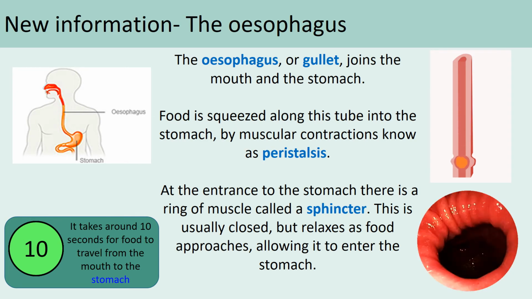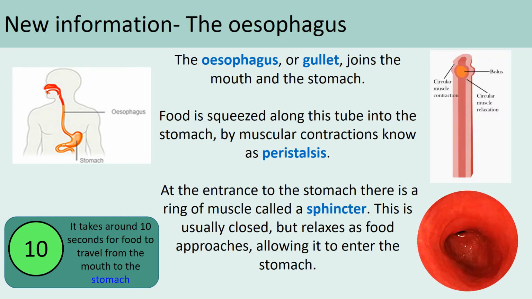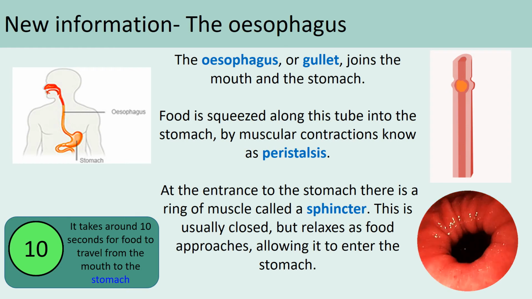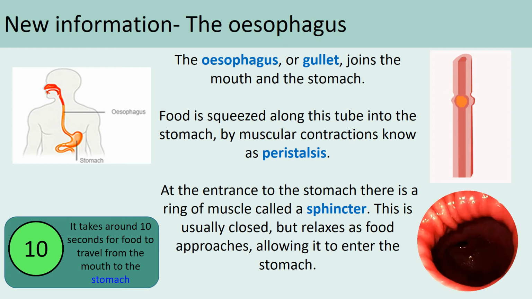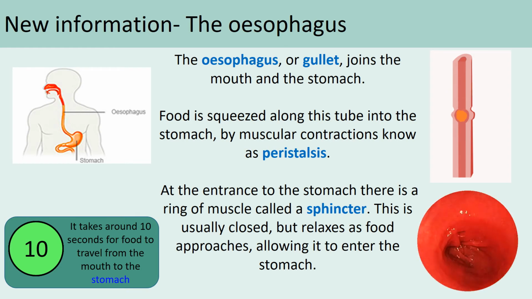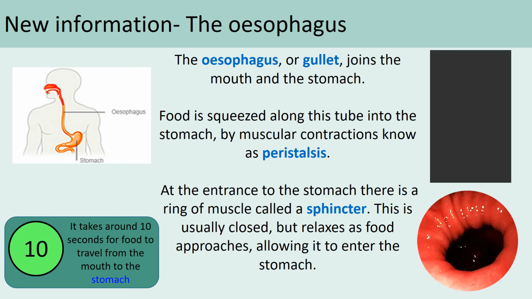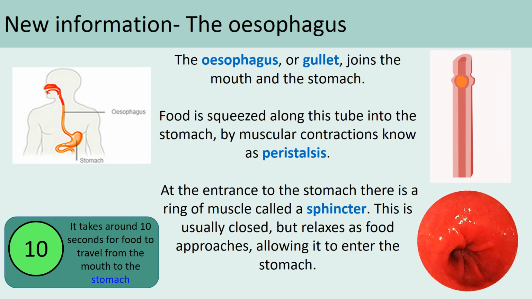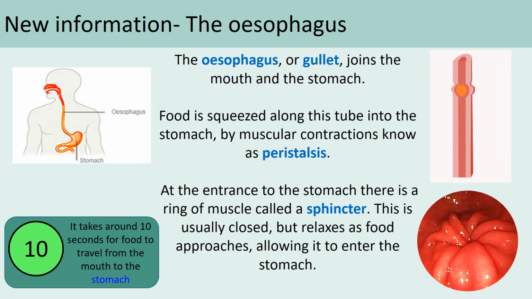And you can see that in the animation on the top on the right hand side where you have the bolus, which is the ball of food that you've swallowed, being pushed down the esophagus. At the entrance to the stomach, there is a ring of muscle called a sphincter. So you can see this in the animation on the right-hand side at the bottom.